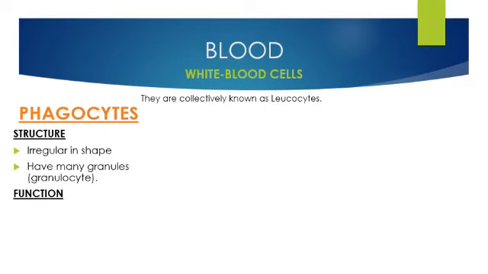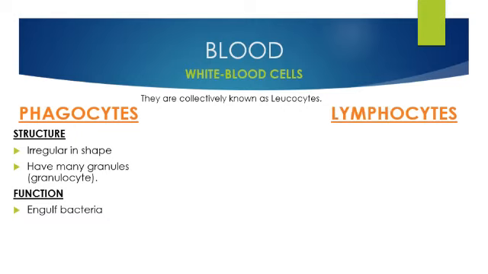Then, like I said, they fall under granulocytes, which are white blood cells containing granules. And so they have many granules. Now, what is the function of phagocytes? Well, phagocytes are mainly used to engulf bacteria. So this is why they've got irregular shape. Their shape changes depending on mainly the bacteria they engulf and things like that.